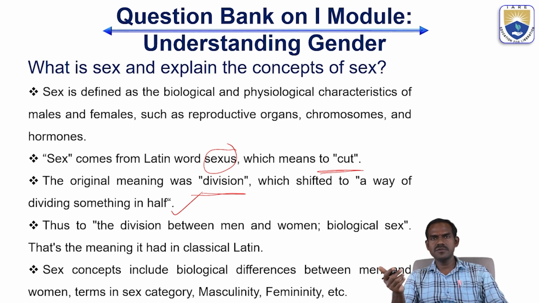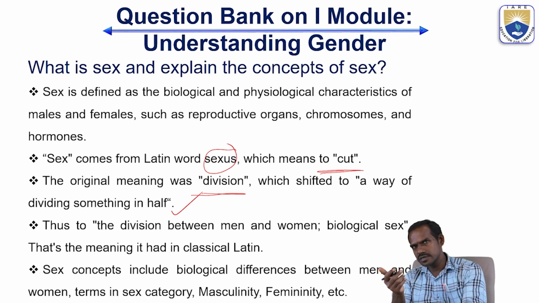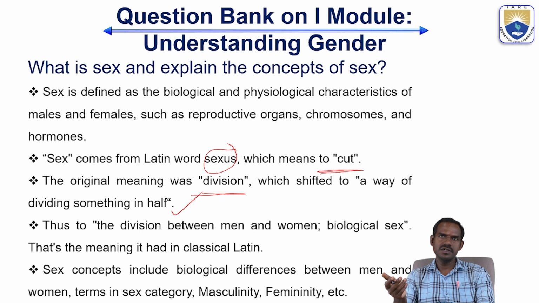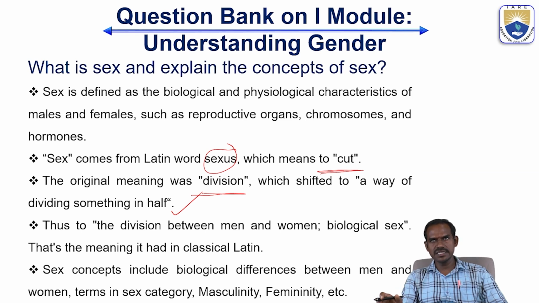So that is what the word sexus means: to cut. The original meaning is division, which shifted to a way of dividing something into equal halves. Thus, the division between men and women, men corresponding to male, women to female, and biological sex.